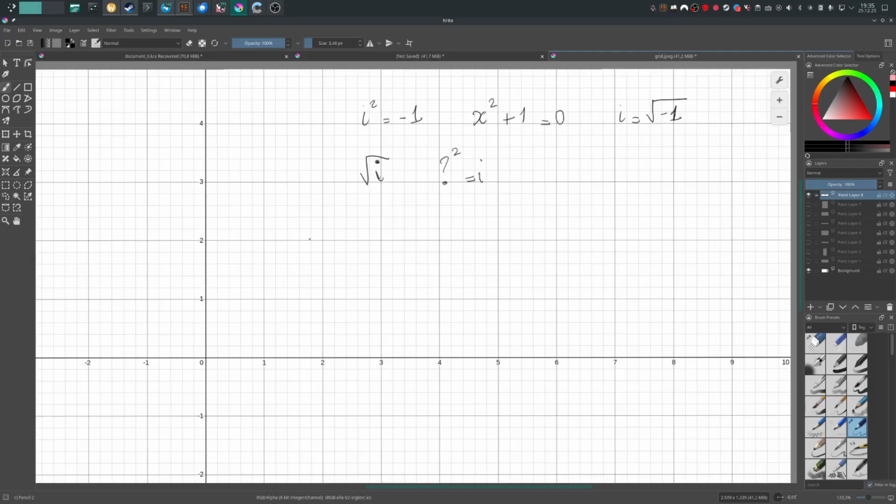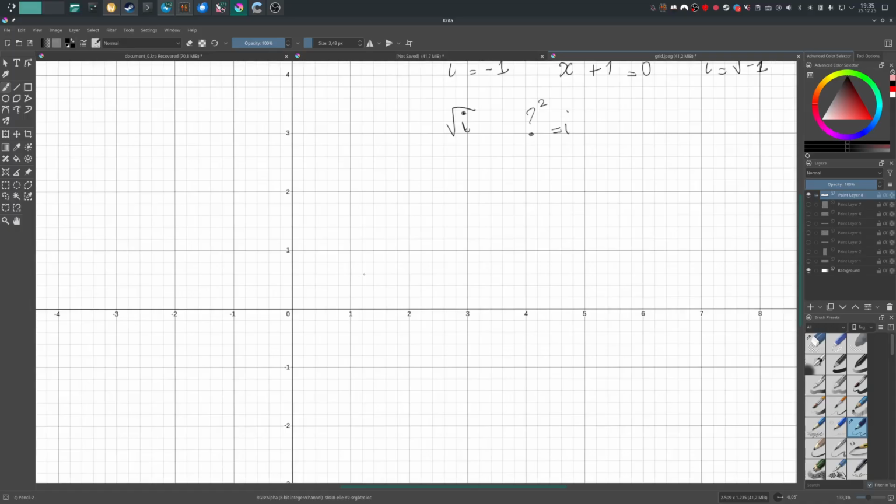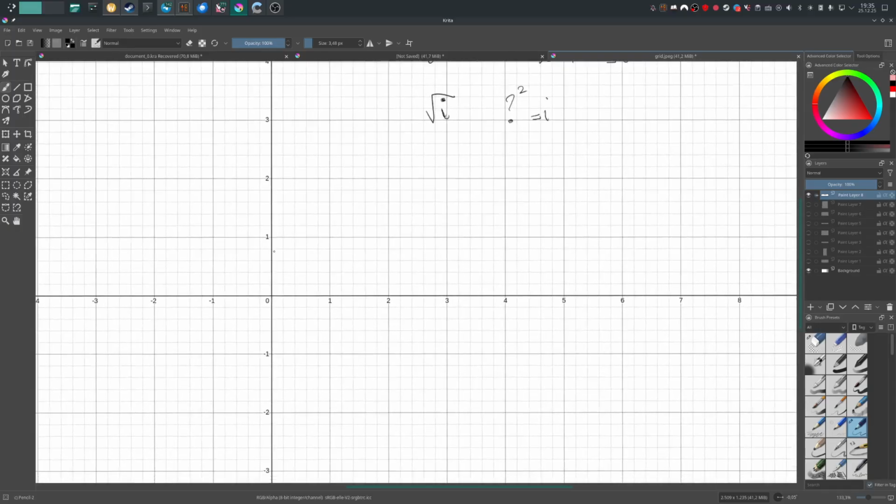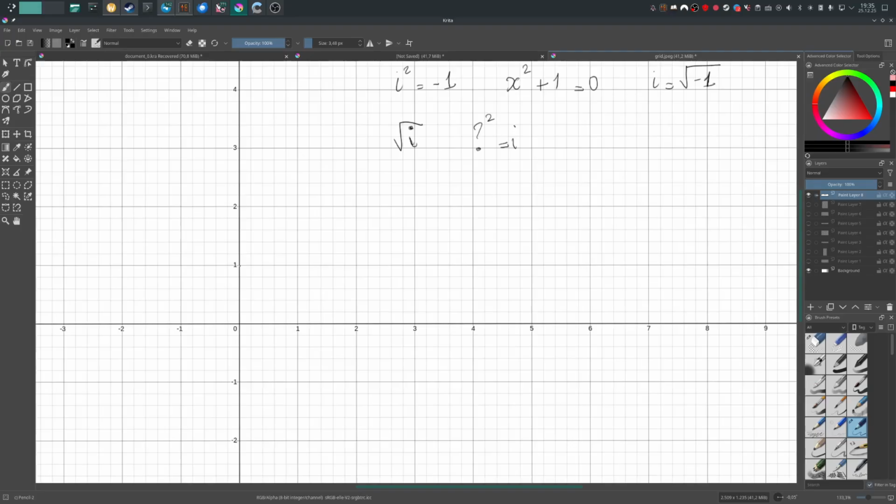So what point in space here, actually there are two, will give you this? The most obvious one: i is here, right? What number here will give me i when I multiply it by itself? Well, first, multiplication we said is adding angles. So if we multiply it by itself, that means we double the angle.